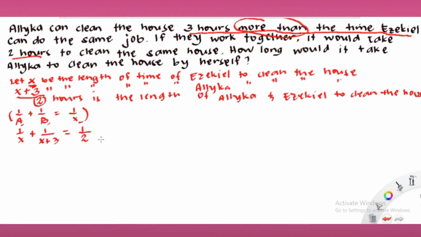So, paano natin gagawin? The first thing we should do is to get the LCD. Okay? To get the LCD, we have to get the denominators ng bawat terms. So, those are x, and then x plus 3, and then 2.